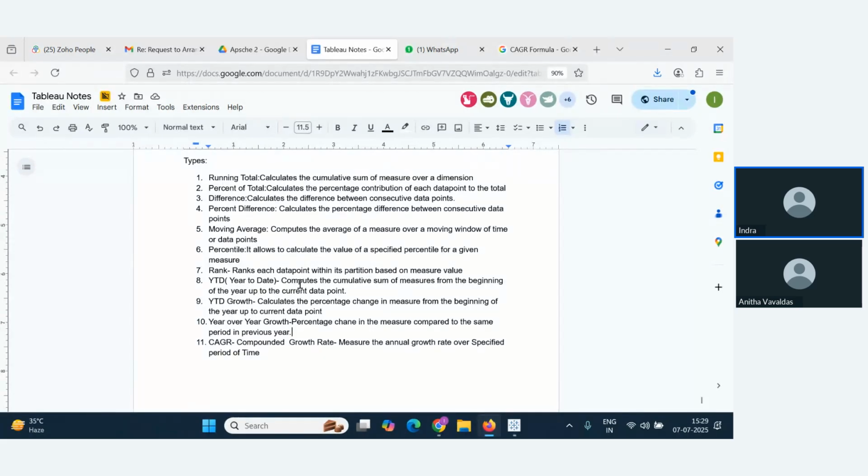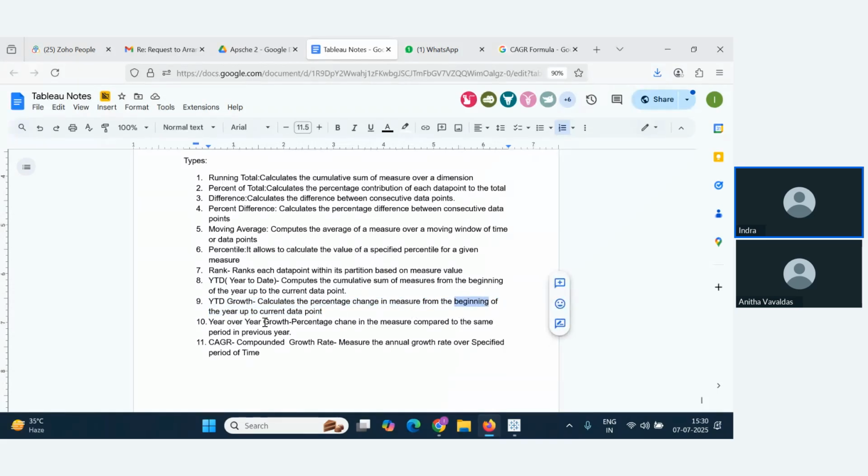Then YTD, it computes the cumulative sum of measure from the beginning of the year up to the current data point. So this one and this one, this is similar, but here it's mandatory to have the date related field. Okay, for this one you can add anything. You can add any specific category, but for this one you need to have a date related field. Then we have YTD growth. It calculates the percentage change in the measure from the beginning of the year up to the current data point. Okay, this word is very important.